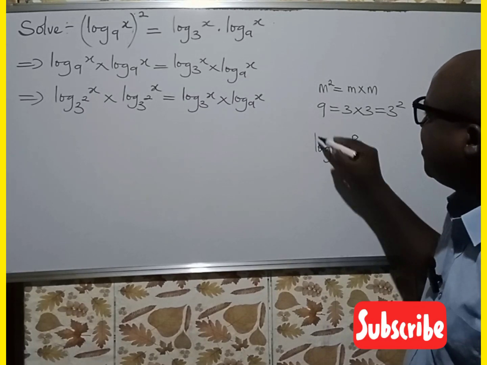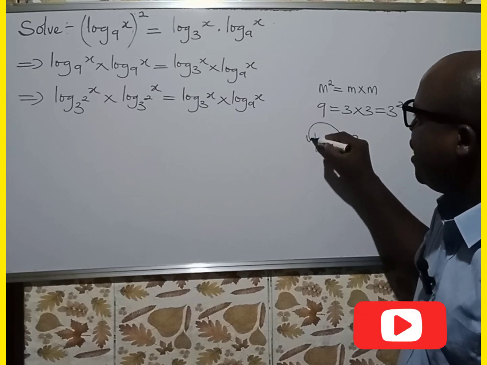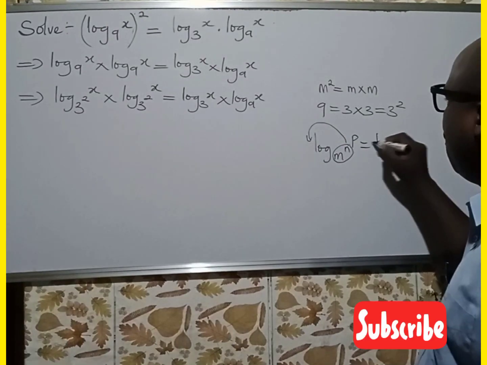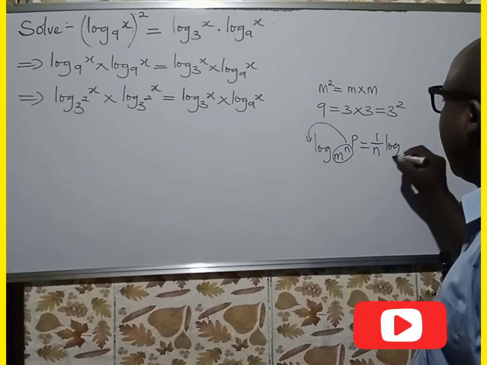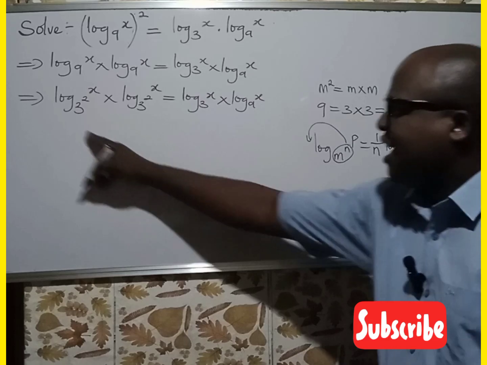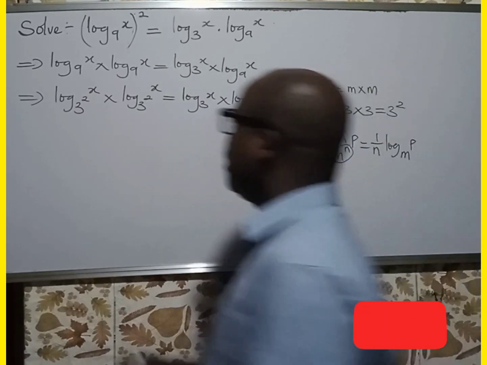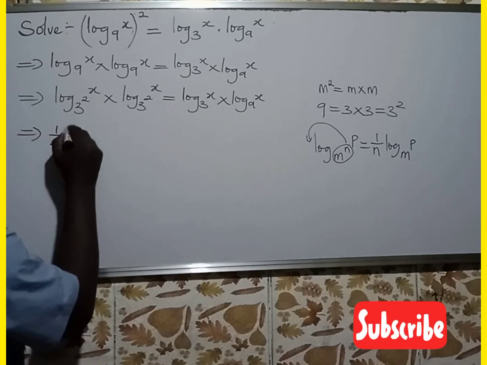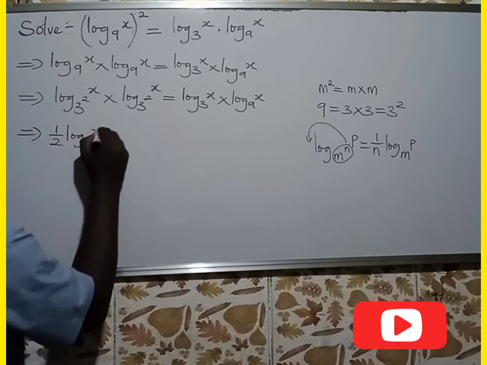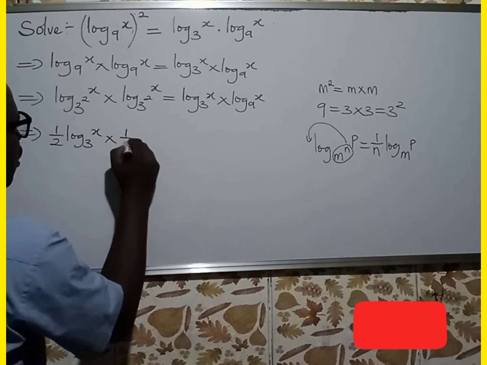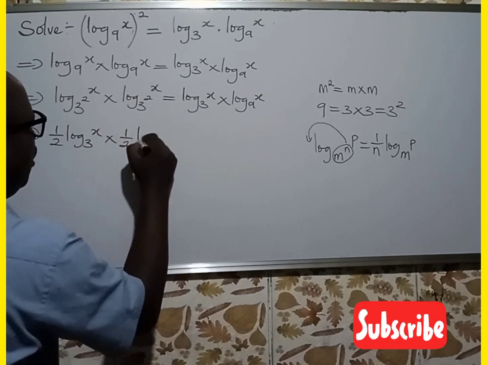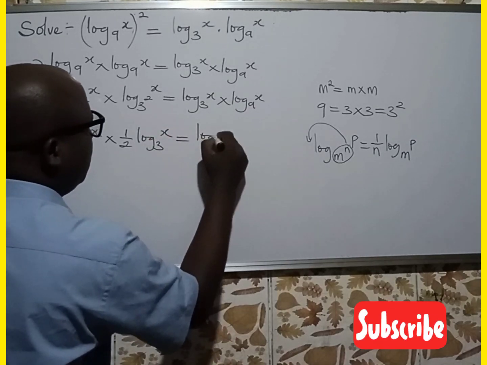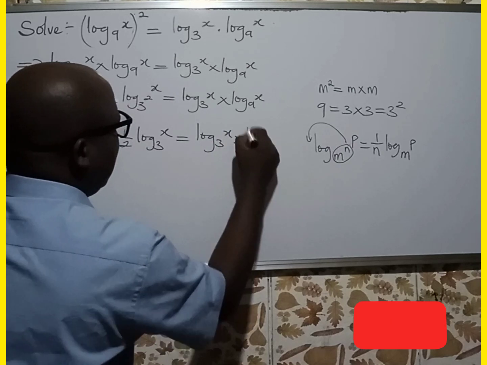The power of this base can actually become a coefficient, and when it becomes a coefficient, you are going to have 1 all over n times log_m p, and that is exactly what you are going to have here. So here I am going to have 1 all over 2 log_3 x times 1 all over 2, the same thing we have here, log_3 x is now equal to log_3 x times log_a x.